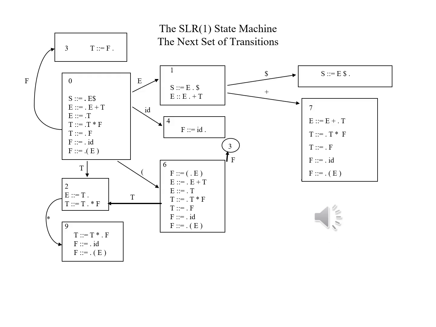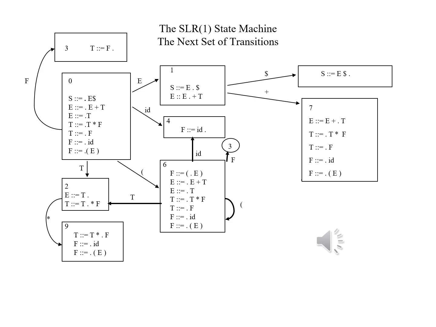We will also have a transition on F, and again it will be to state 3, because we have T derives dot F, and we'll go to state 3 where it is T derives F dot. On identifier, we are going to go to state 4 as we did before, because F derives dot id will transition to F derives id dot.